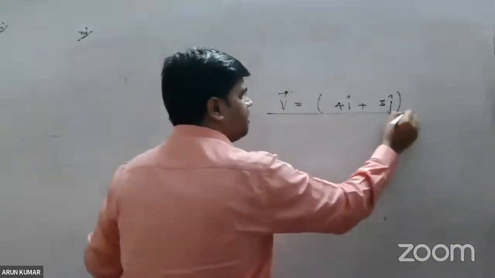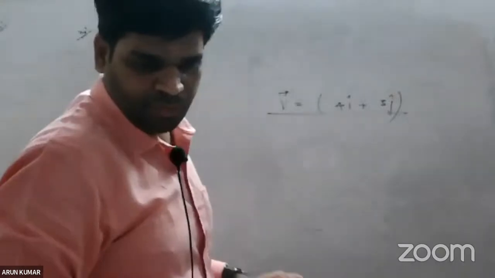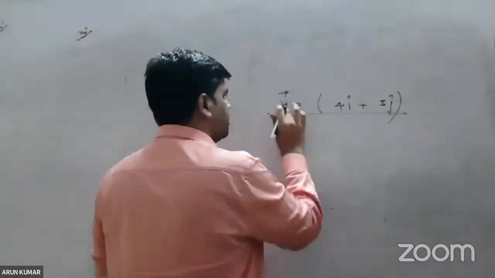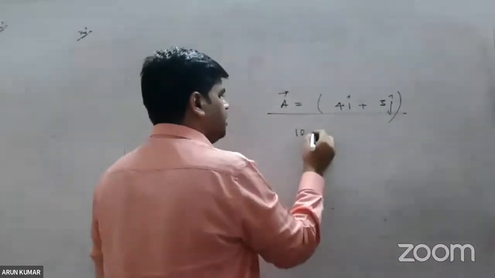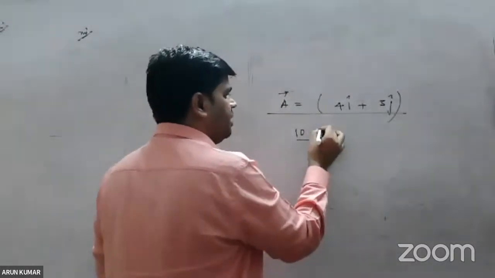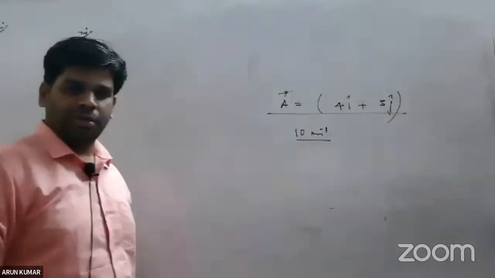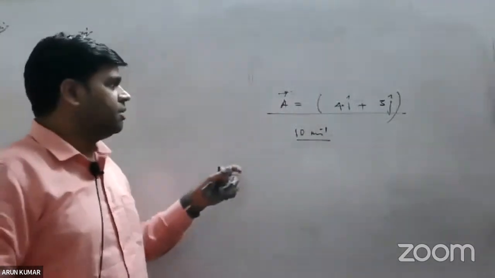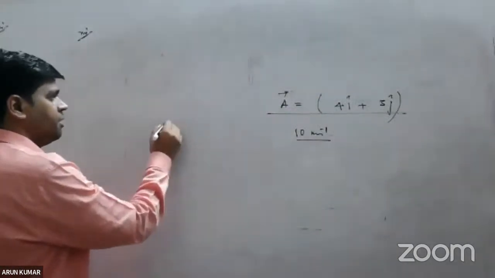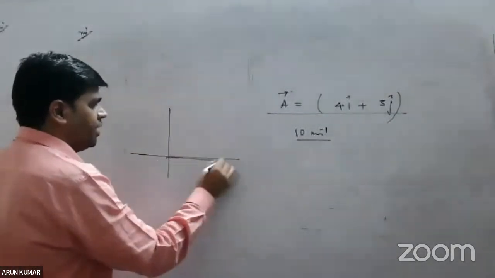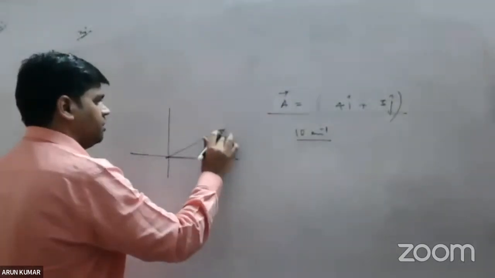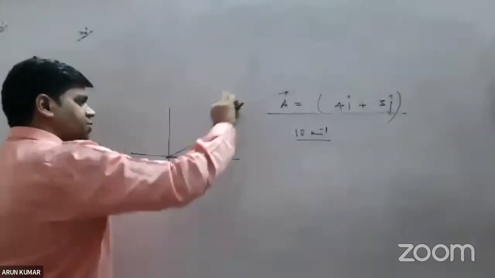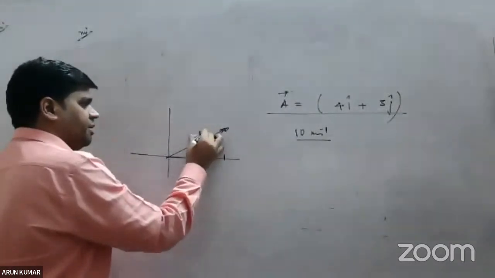So v bar is 4i cap and 3j cap, with a speed of 10 meters per second. So let's say this is a bar. 10 meters per second is the speed of the car in this direction. 4i cap, 3j cap. The car is going in this direction with a speed of 10.